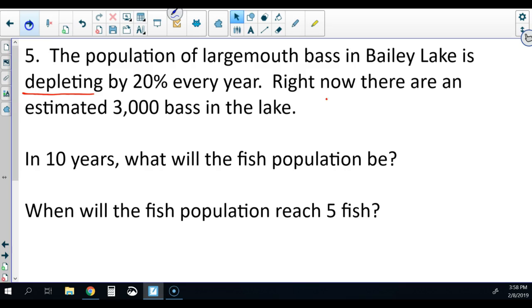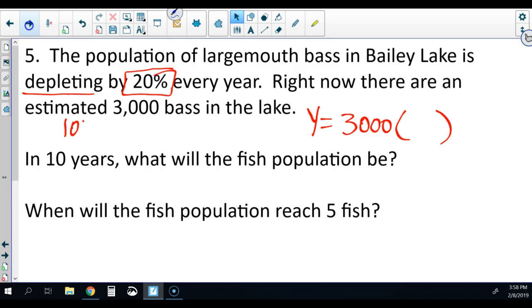So, first we need our equation. Again, in the form of A times B to the power of X. A is our starting amount. Starting amount is 3,000. So Y equals 3,000 times our growth rate. It's depleting by 20%.